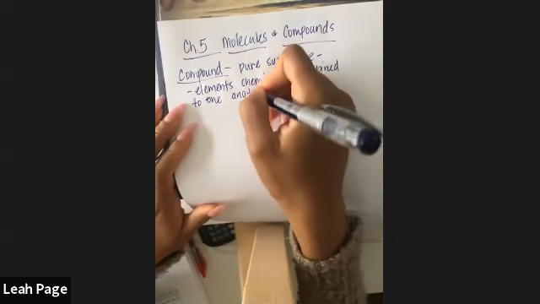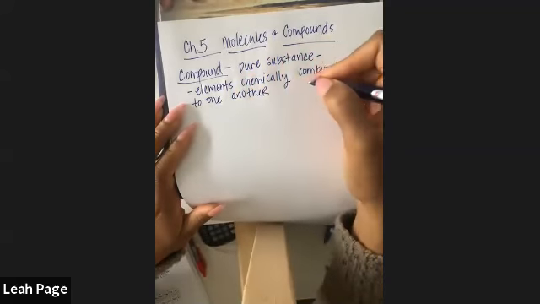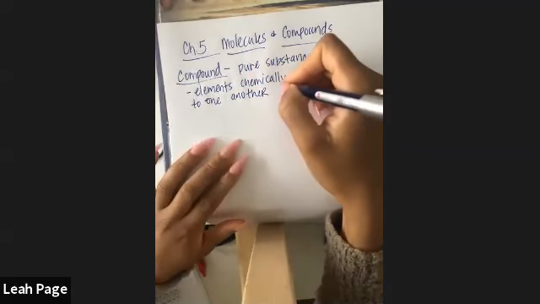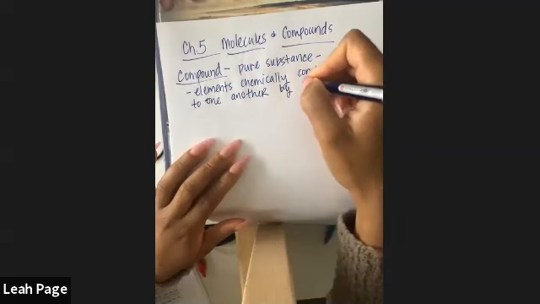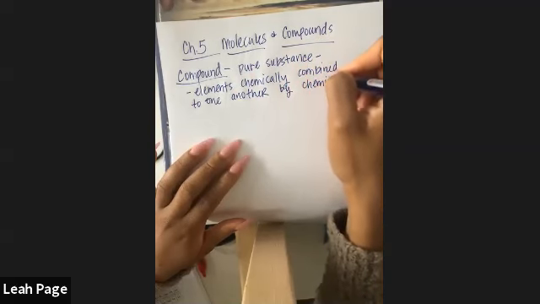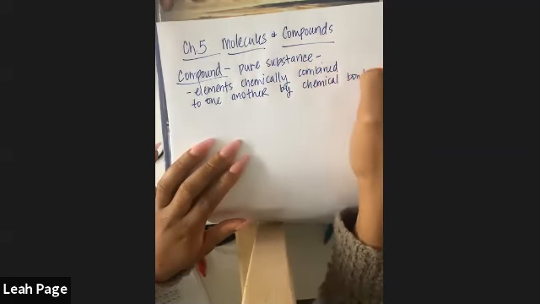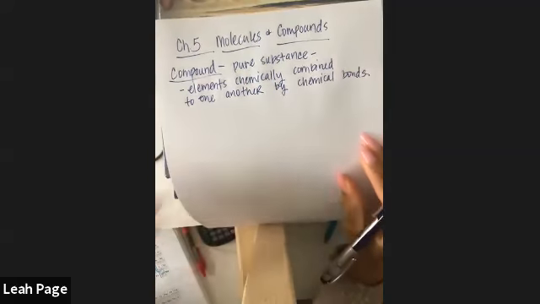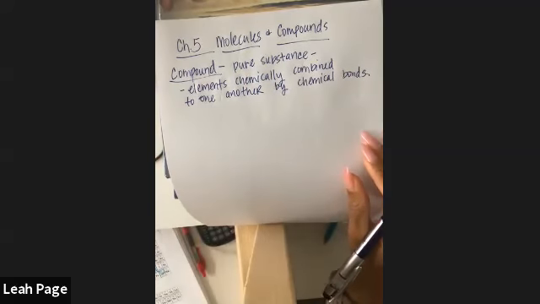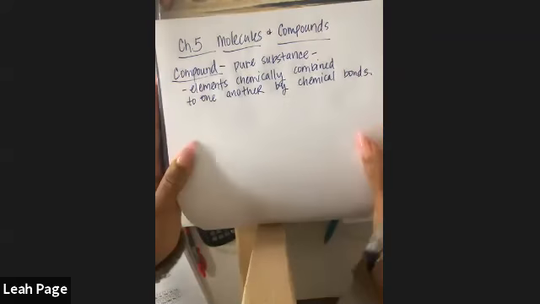And the way they are chemically combined to one another is they use what is known as chemical bonds. Now we have different types of compounds.